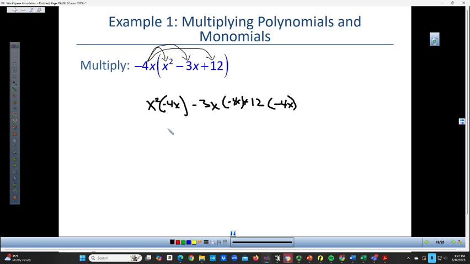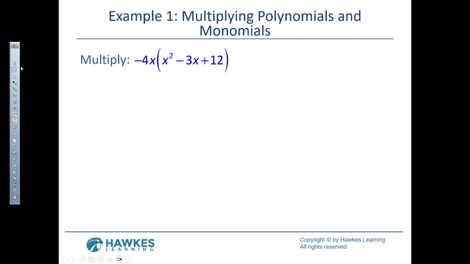So x squared times negative 4x is just going to be negative 4x cubed. And then negative times a negative is going to be plus 12x squared, and then minus 48x. All right, so just flat out doing our distributive property, right?